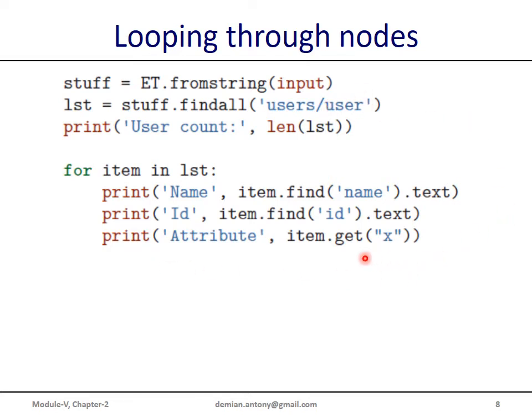So we get two users, with x equal to 2 and x equal to 7, with the name and id respectively. This is how we can traverse the XML file with a simple for loop which loops through the DOM subtrees, provided we retrieve all the DOM subtrees through a method called findall.